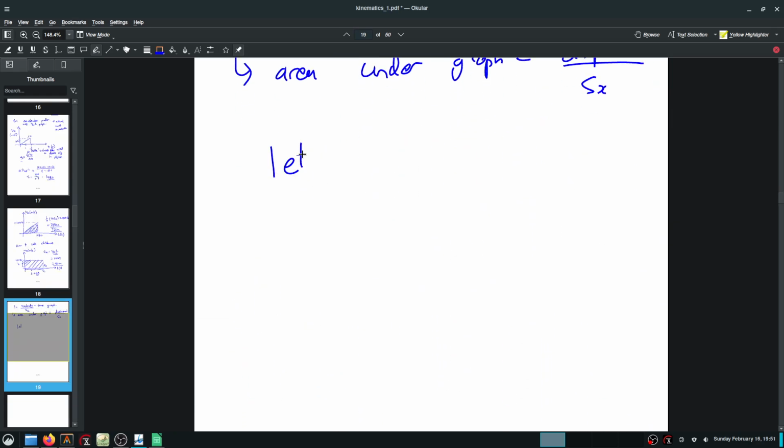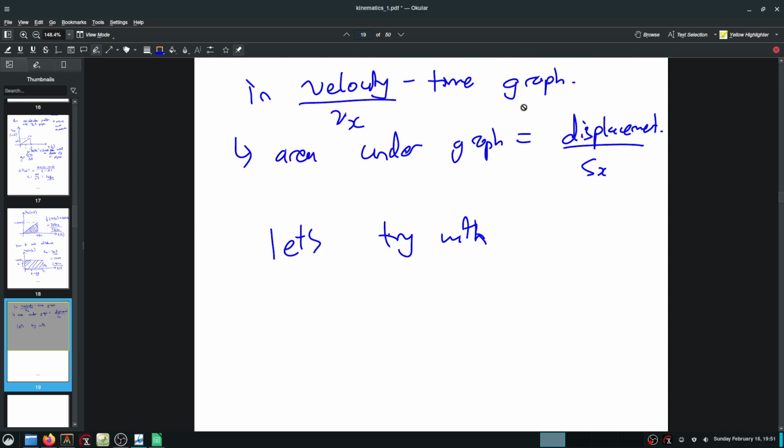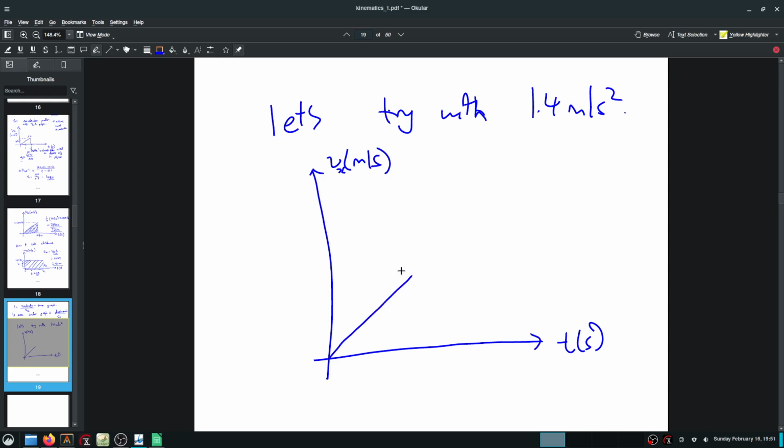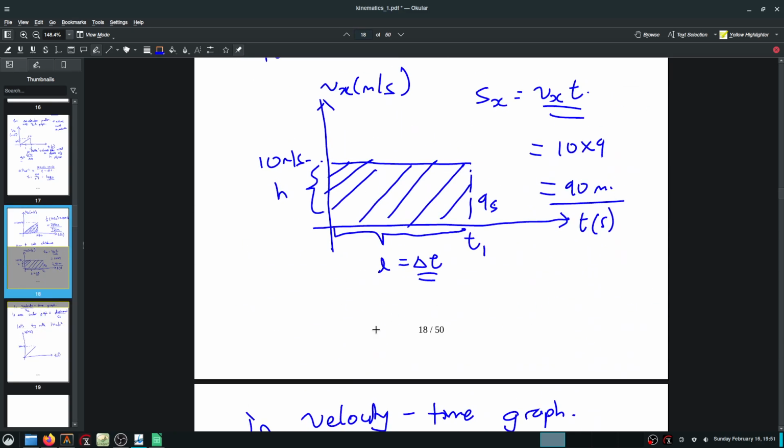So let's try with 1.4 meters per second squared and see how long this goes. Again, I draw velocity in the x direction in meters per second against time. Let's go here, 100 meters per second, and what's the time taken?